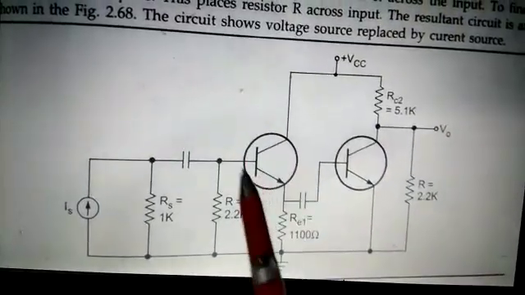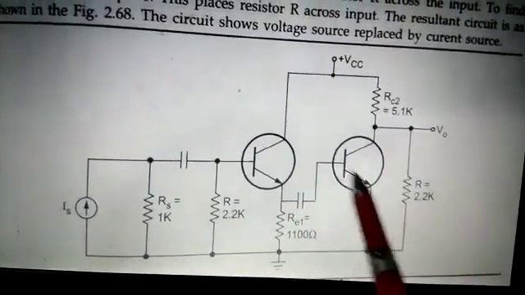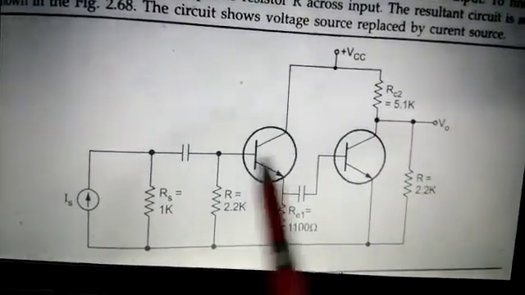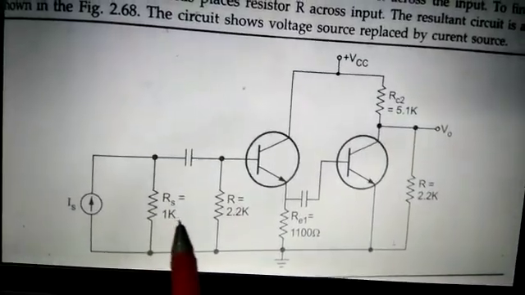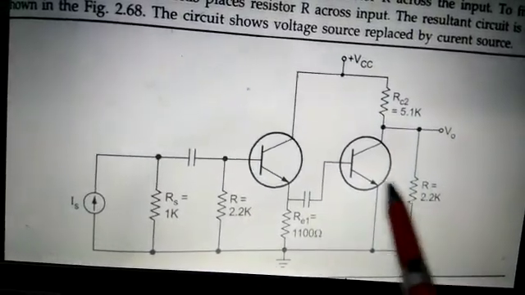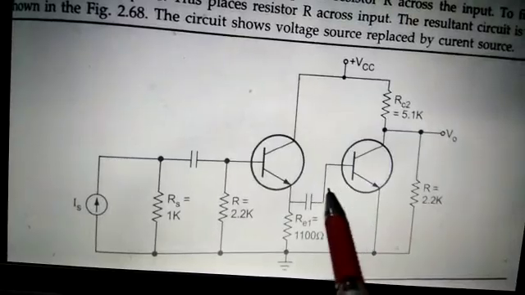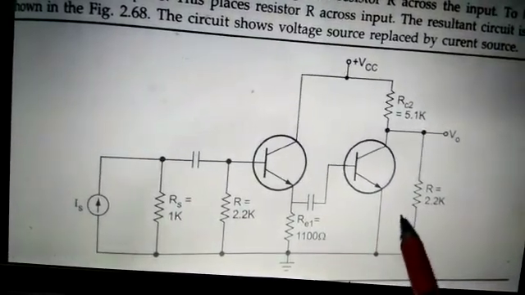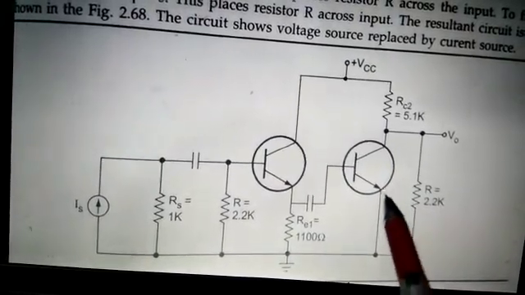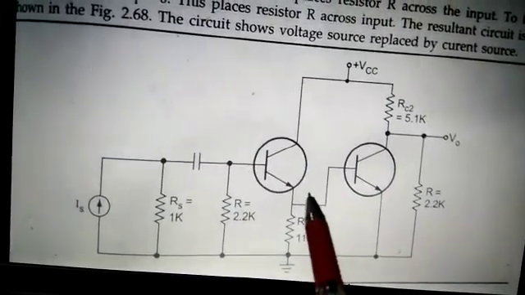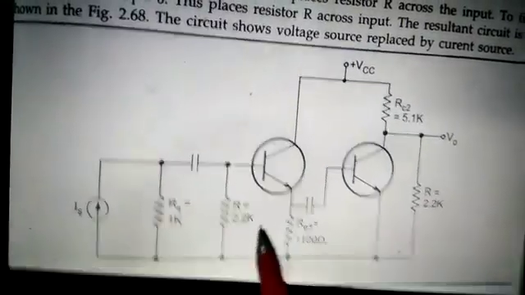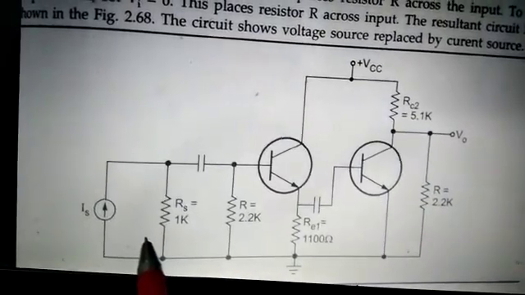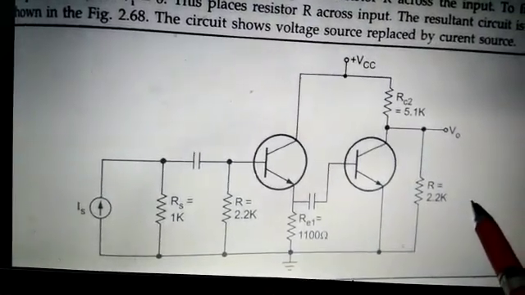First of all, convert the transistors into the H parameter model, connect these resistances to the H parameter model, and mark the input impedance and output impedance of transistor 1, the input impedance and output impedance of transistor 2, the overall input impedance with feedback, and the overall output impedance with feedback.